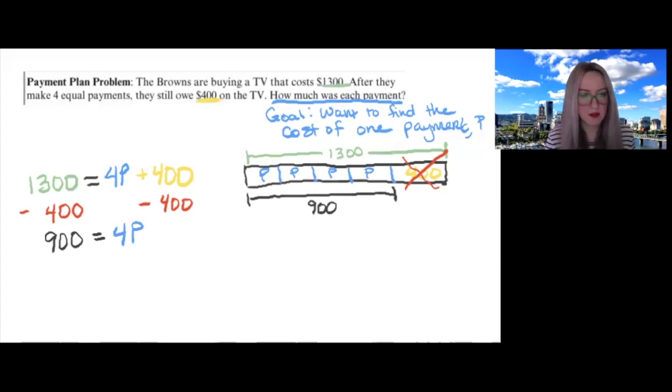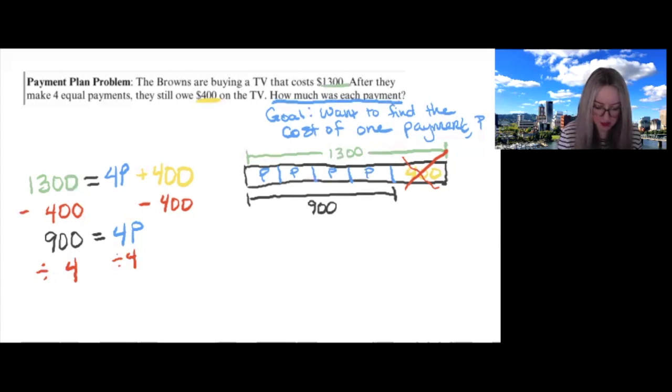Okay. And now I can see the length of $900 is equal to my 4 payments. I want to know what one payment is. So here comes division. We're going to divide by 4 to just get what one payment is worth. So that is happening on the equation side.